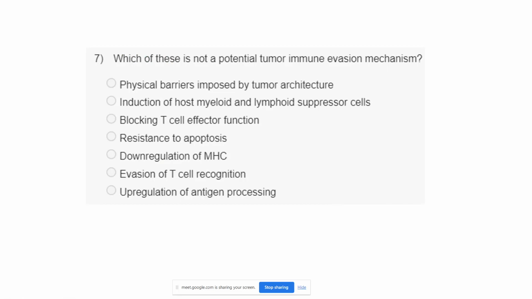Okay. So seventh question, which of these is not a potential tumor immune evasion mechanism? Physical barriers imposed by tumor architecture, induction of host myeloid and lymphoid suppressor cells, blocking T cell effector function, resistance to apoptosis, downregulation of MHC, evasion of T cell recognition, or upregulation of antigen processing.